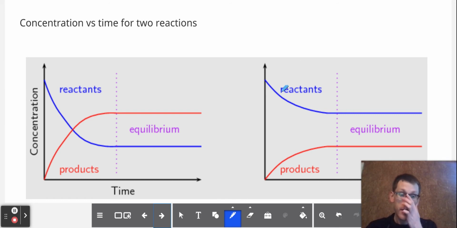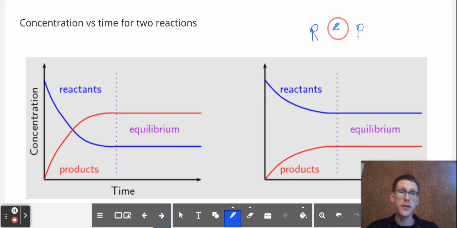The reactants decrease until they reach a constant, and the products increase until they reach a constant. But note that the equilibrium in this case occurs where there are more reactants than products. So we could say that for the reaction on the right, if we say that we have R at equilibrium with P, there are fewer products.